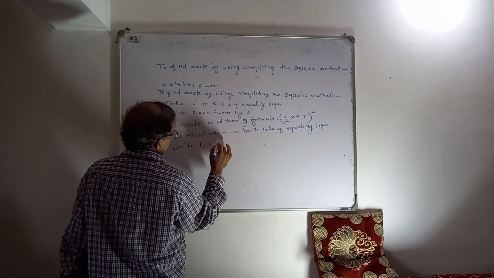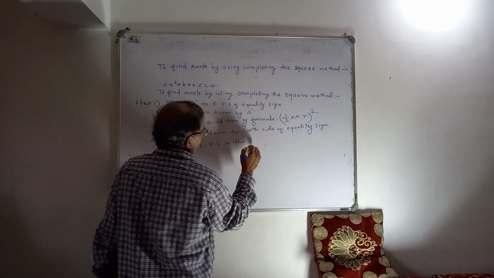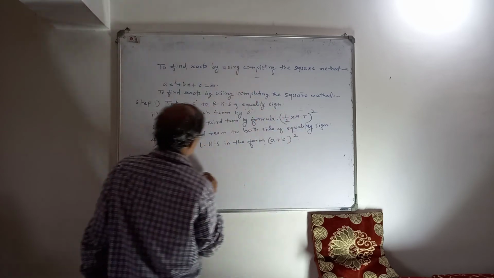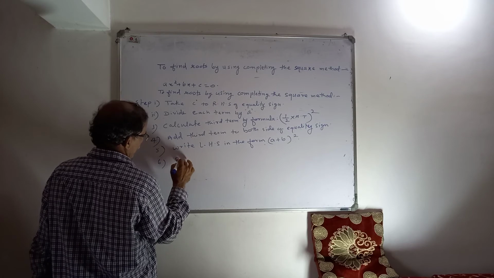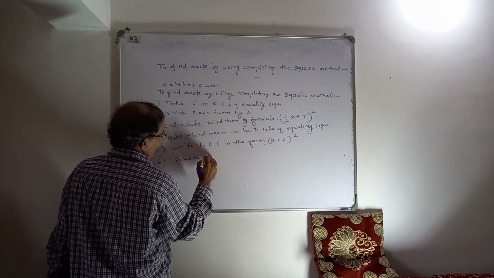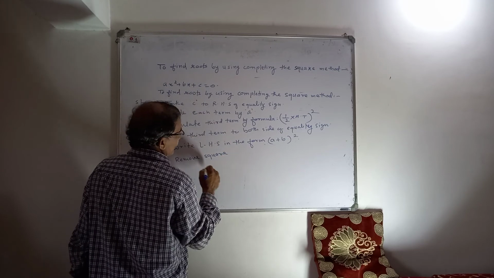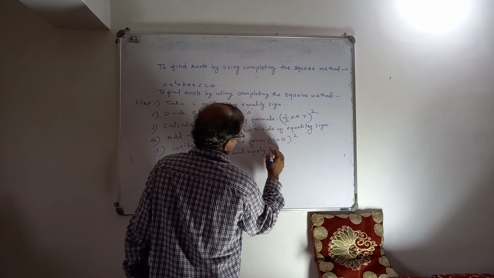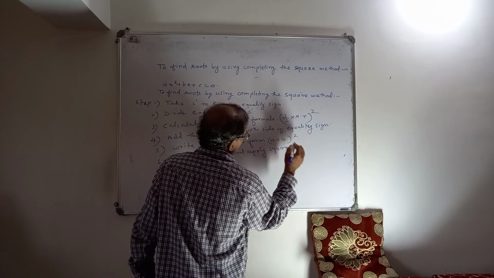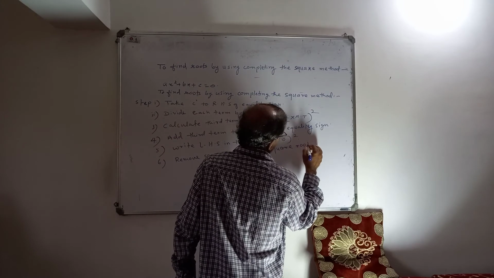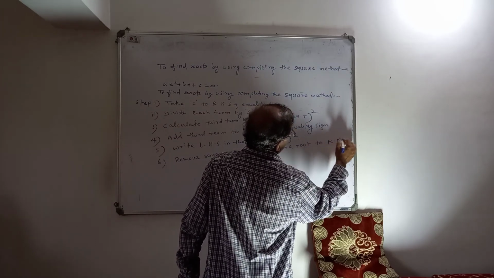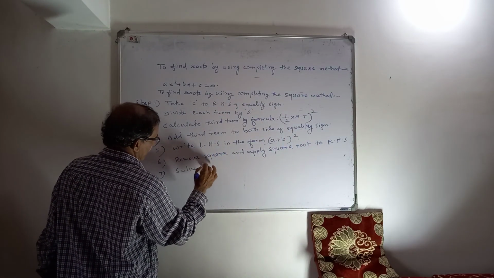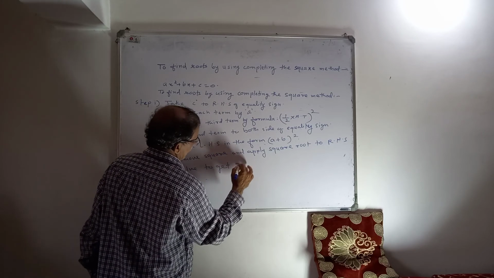Write LHS in the form a plus b whole square. 6. Remove square and apply square root to RHS right hand side. 7th step, solve to get x.